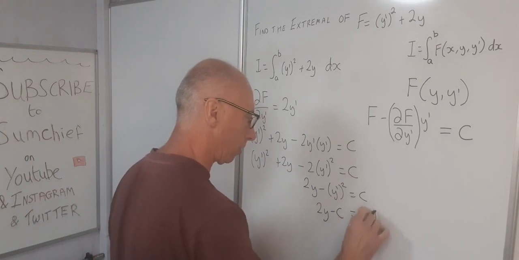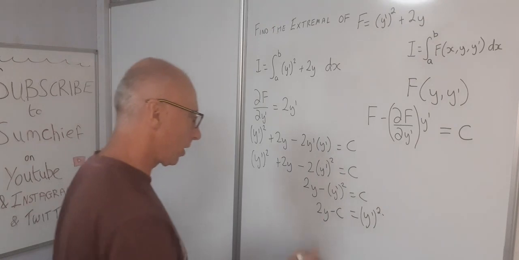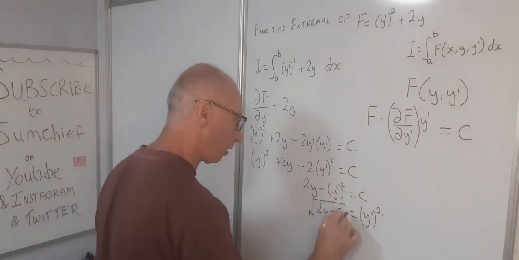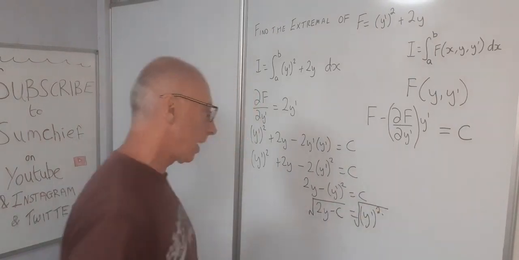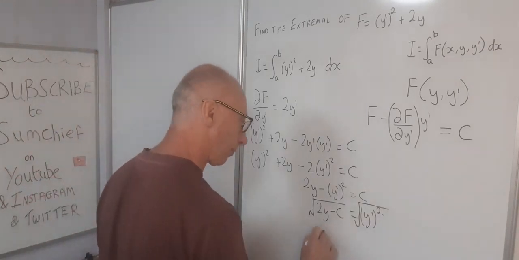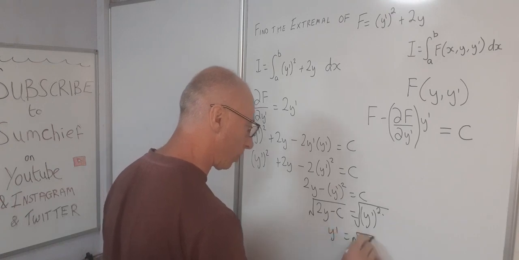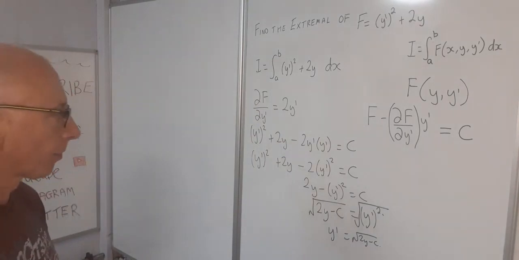That's what we want. Now we can take the square root of both sides. That leaves us with the square root of 2y minus c equals y prime. So y prime equals the square root of 2y minus c.